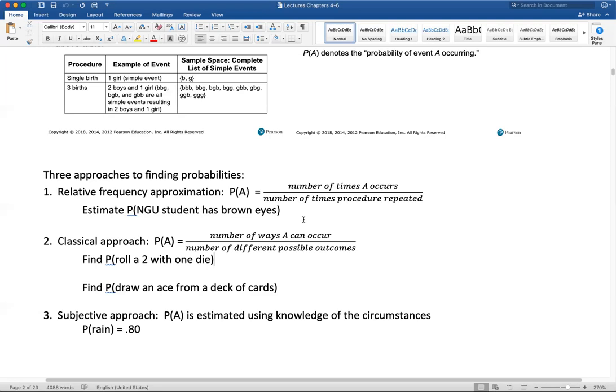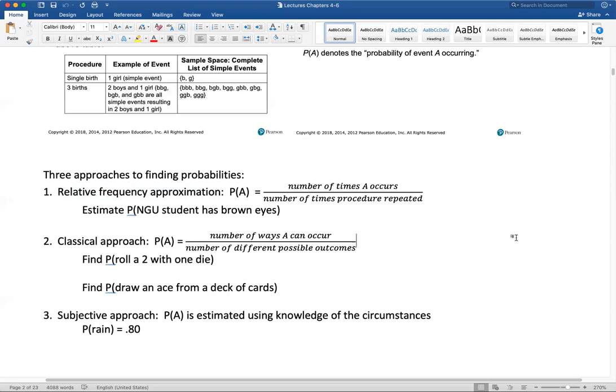So yes or no, we have only 2 outcomes, right? Then we count the number of times a student has brown eyes divided by the total number of students we observed or asked.